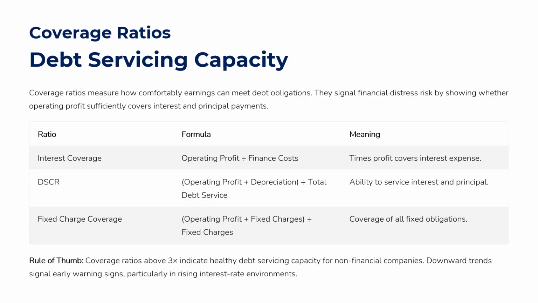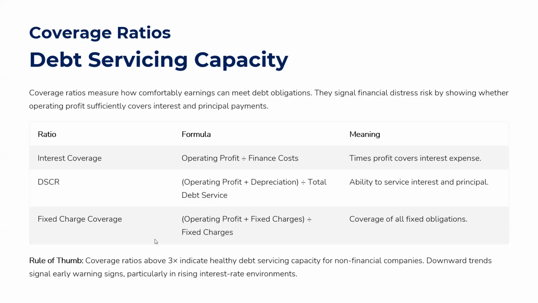So if you have a 10% preference share, it means that you would have to pay the owner of the preference share 10% dividend, which looks more like interest also. So for the fixed charge coverage, you're looking at all the fixed interests. So your operating profit plus your fixed interest divided by your fixed interest. So you are looking at your ability to cover all the fixed obligations.